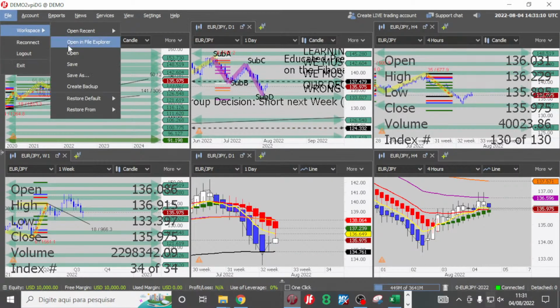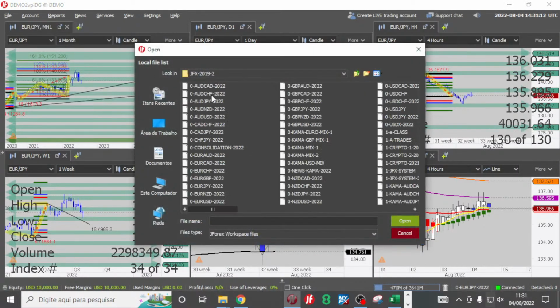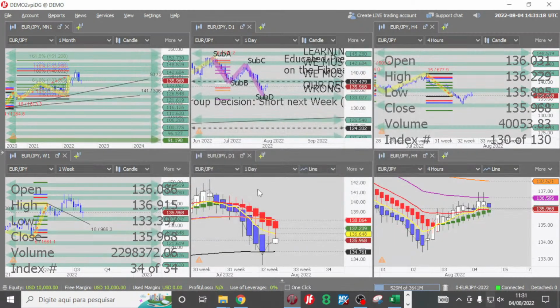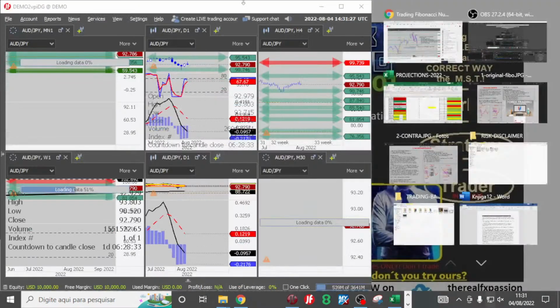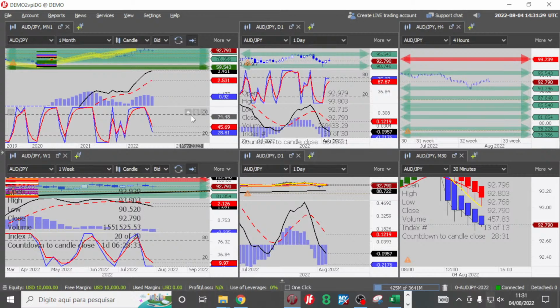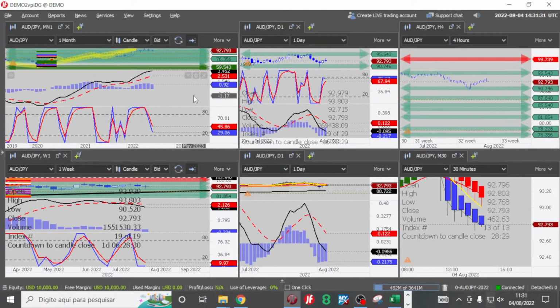Everybody, don't remember, let me see, so AUD CAD, AUD CHF it's up, AUD JPY, maybe, let me check AUD JPY. Give me a second, everybody, I need to take something.